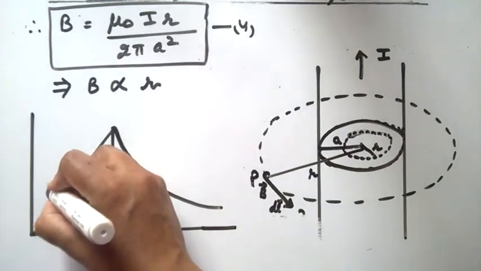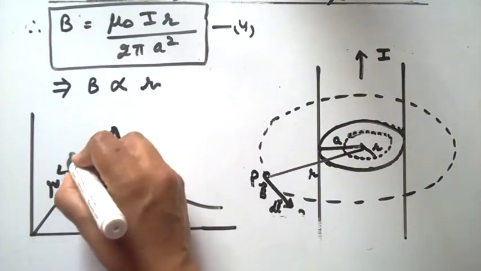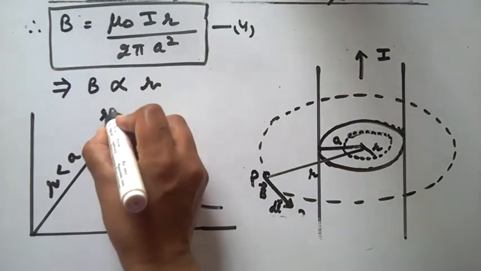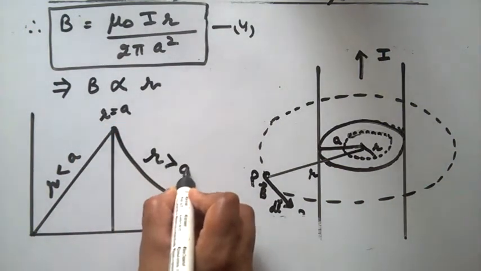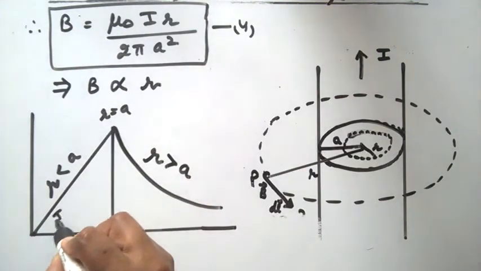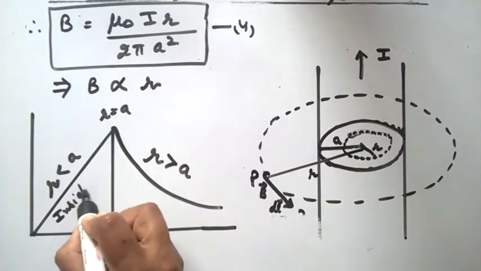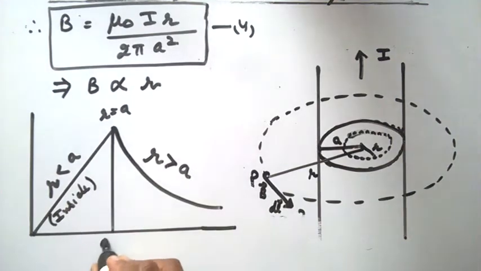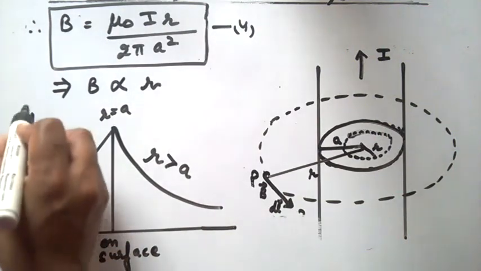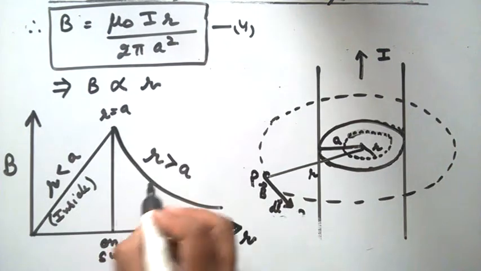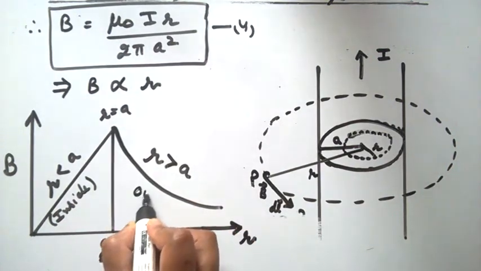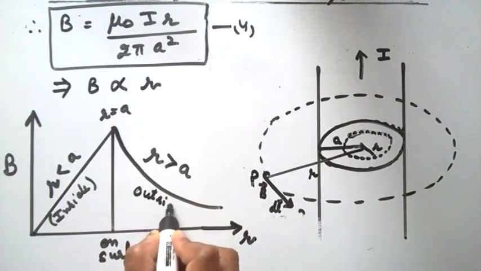Here, r is less than a, r is equal to a, and r is greater than a: inside, on the surface, and outside the surface, with magnetic field against distance.